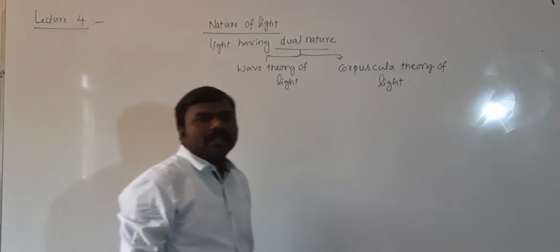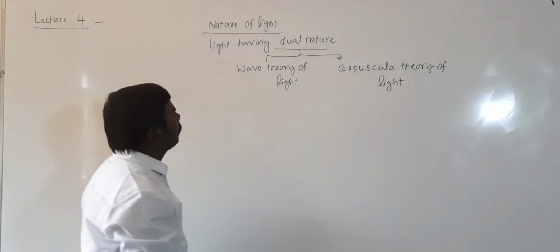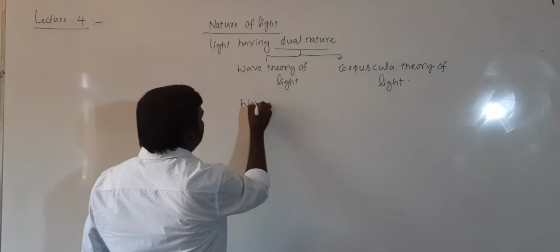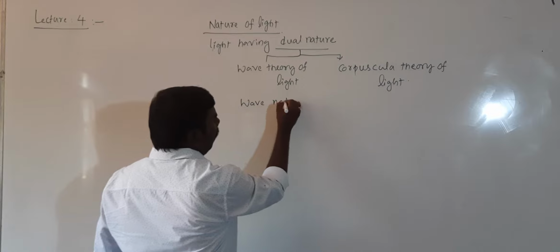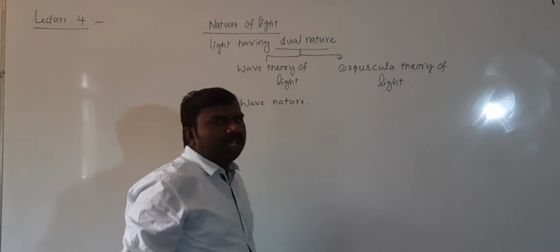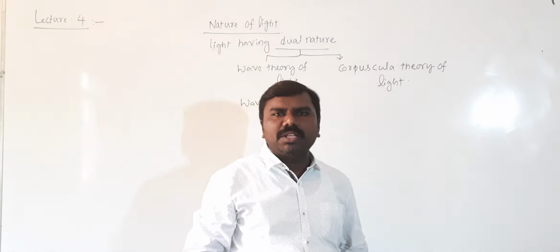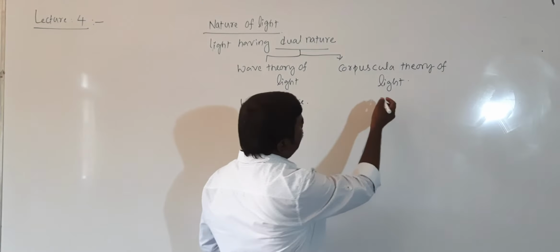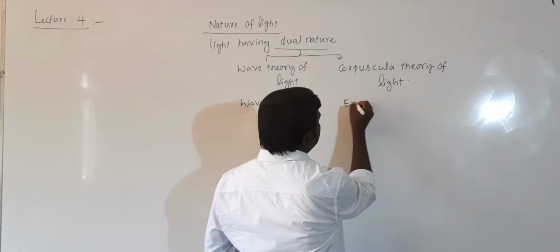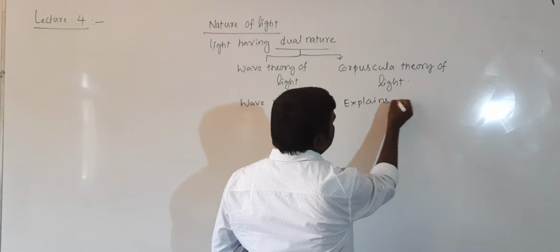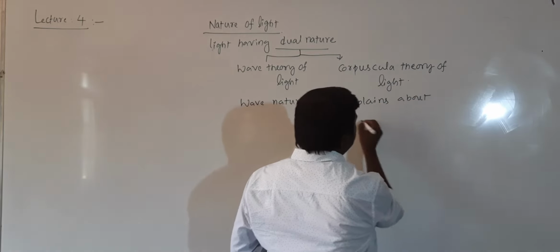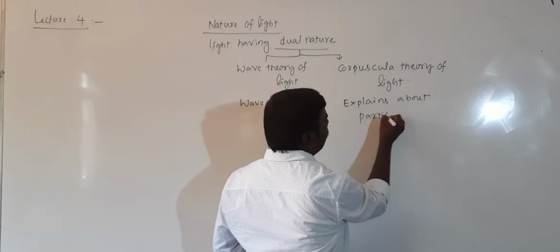Wave theory indicates wave nature. Wave theory explains the wave nature of light. Corpuscular theory explains the particle nature of light.